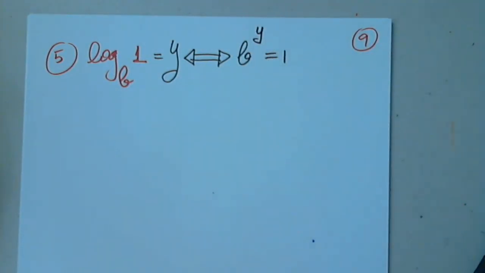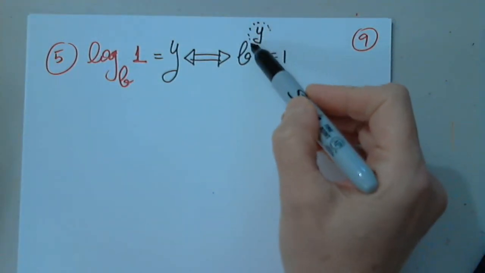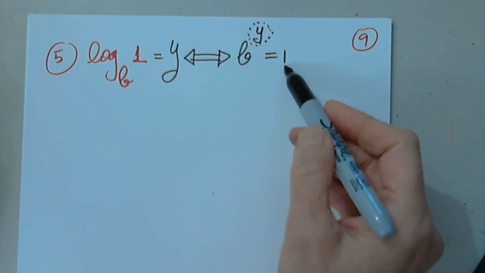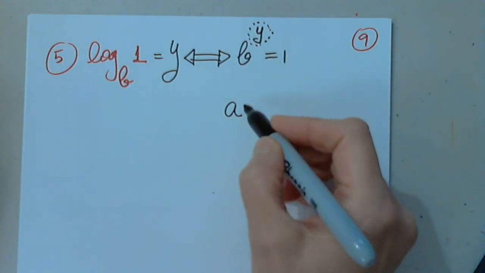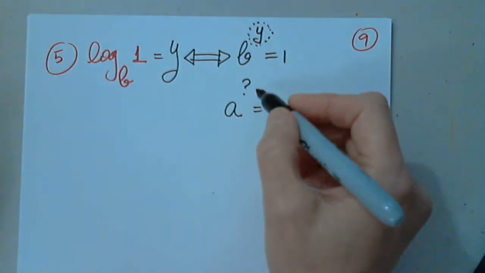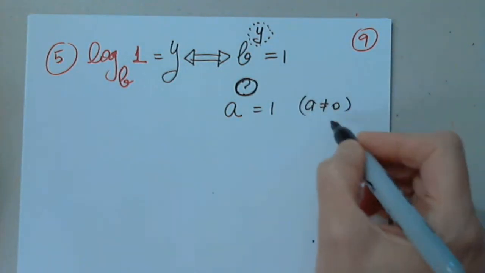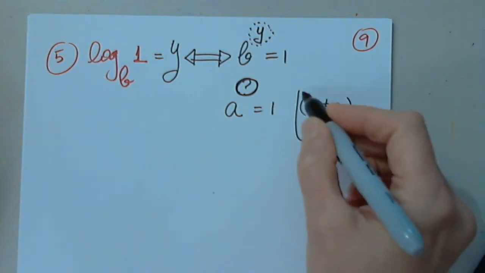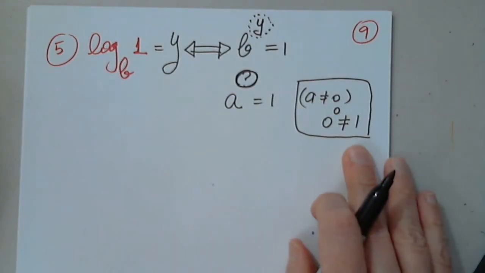Excellent. So now let's take a guess. What number should this be so that the answer is 1? Any number to the power 0, excellent, except when the base is 0. 0 raised to 0 is not 1. Please remember that. This is one of the indeterminate cases that you will talk about in calculus.